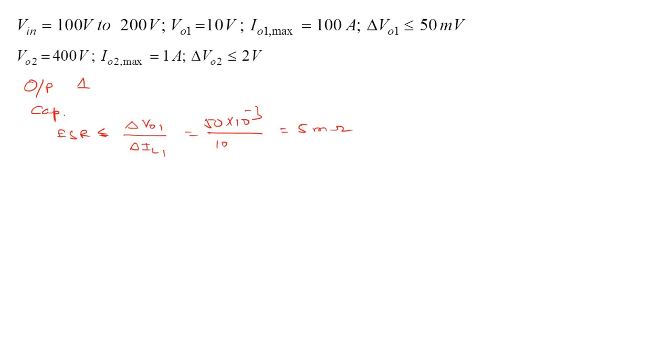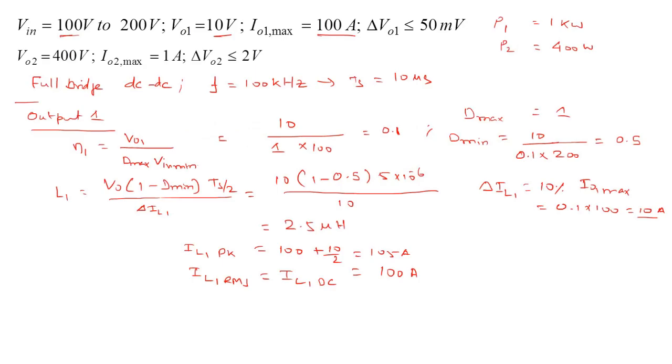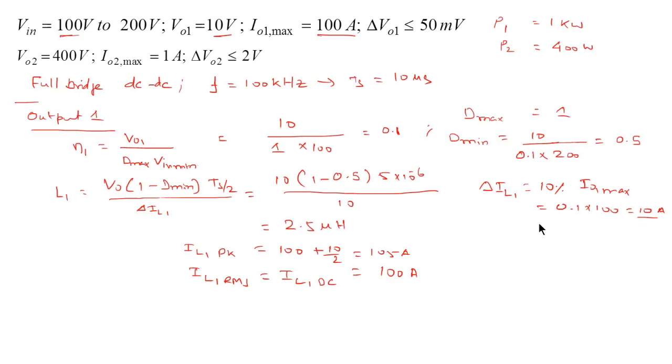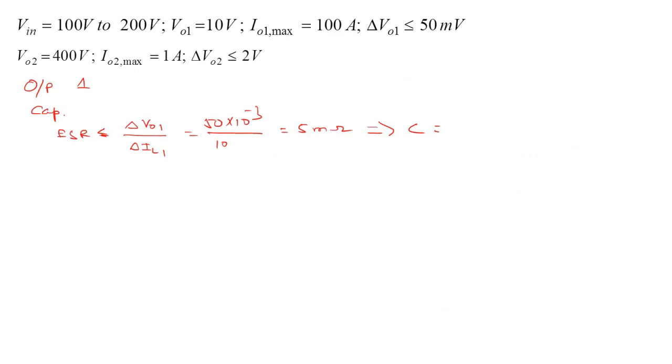So that will be 5 milliohms, or 5 times 10 to the minus 3 ohms. That's one requirement, and based on this, the C value needed, if you substitute this 5 milliohm in this expression, ESR is 5 milliohms, so you have 5 times 10 to the minus 3 equals 100 times 10 to the minus 6 over C, so you can calculate C. So from the ESR requirement, the C comes out to be quite a large value, 20 millifarad.